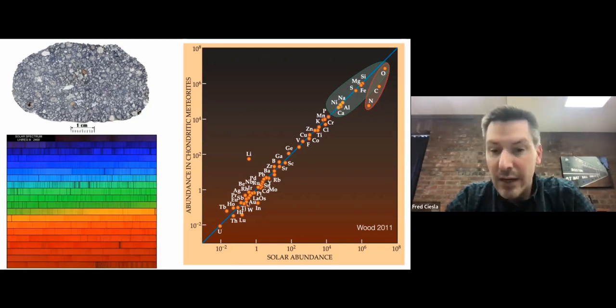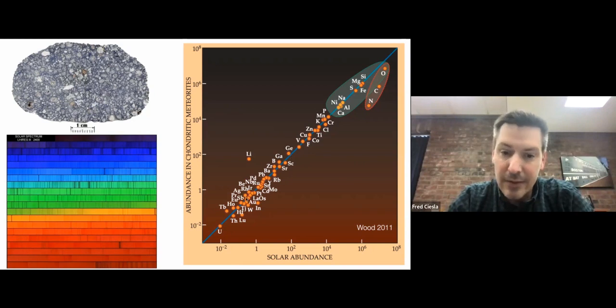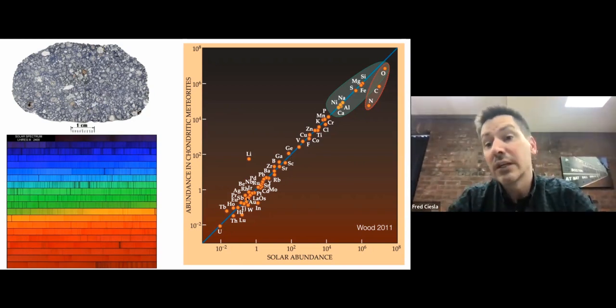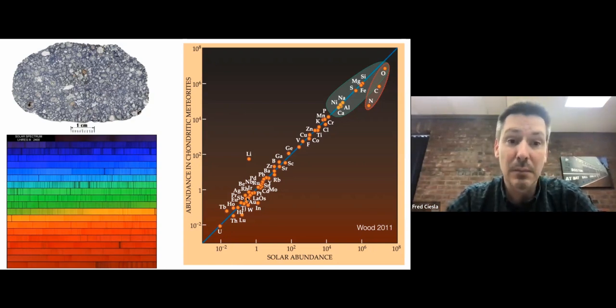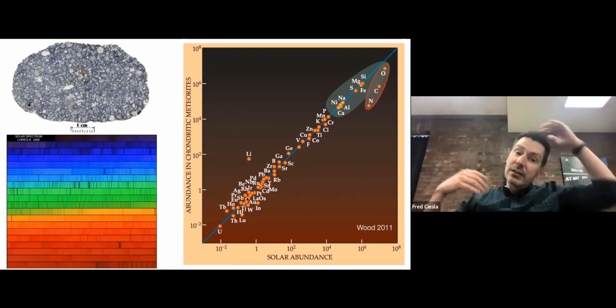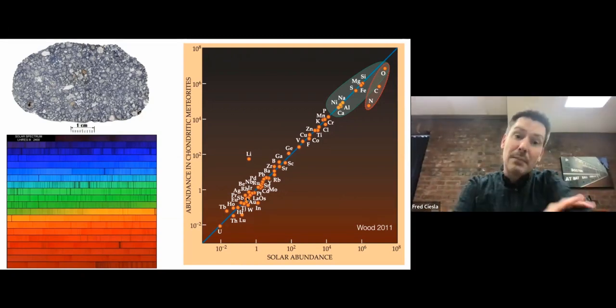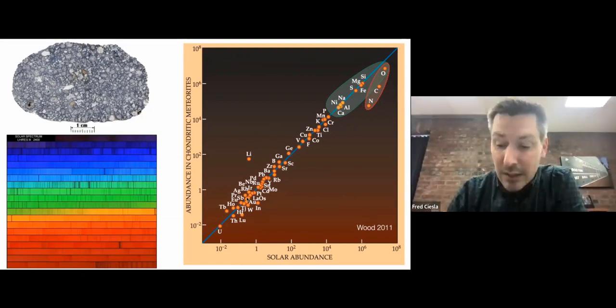But if we were interested in different elements, all we'd have to do is understand their thermodynamics, and we can make predictions at what temperatures we expect them to be available to be incorporated into the solid planets. Because ultimately that's what we're trying to understand: how do these things come together to form, say, the Earth or another potentially habitable planet.